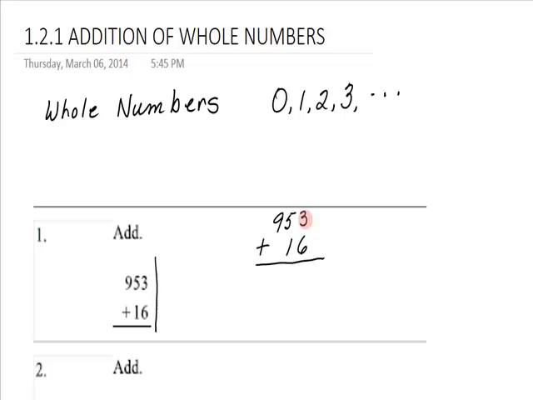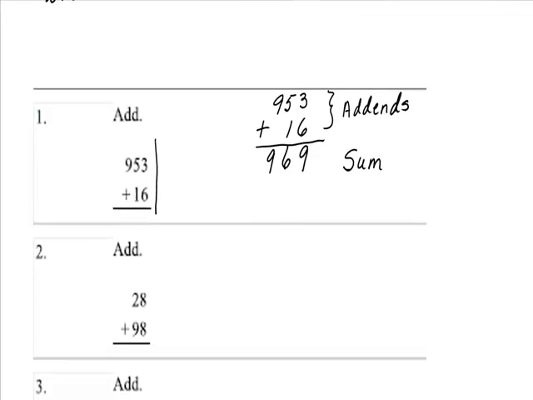So then when I add them, 3 and 6 is 9, 5 and 1 is 6. You don't add anything to the 9, and that is the sum of the two numbers. The sum is the answer to an addition problem. Both of these numbers are called add-ins, the numbers being added.